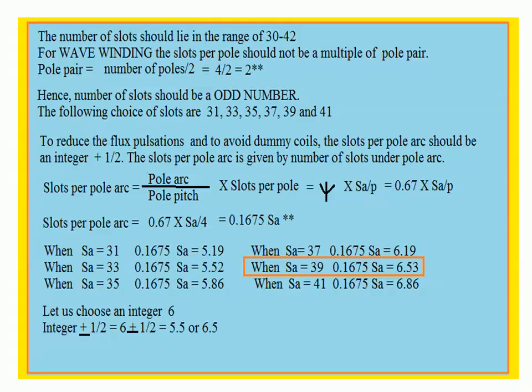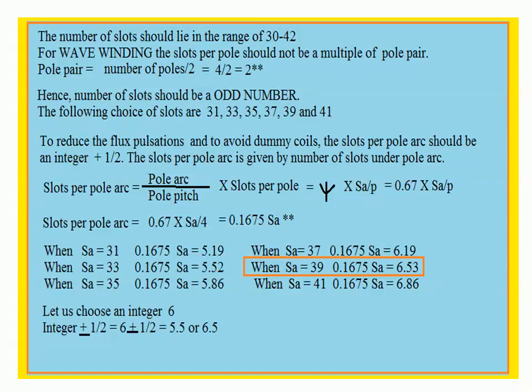When SA equal to 31, we get 5.19. When SA equal to 33, we get 5.52. Similarly, you go on calculating all possibilities. Then you have to list that.